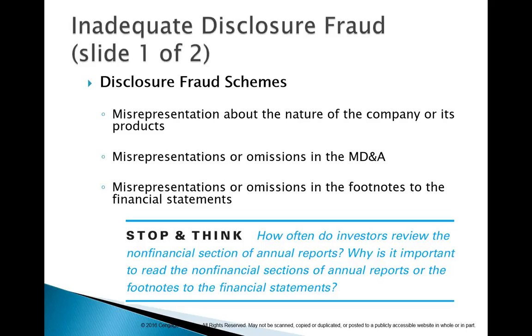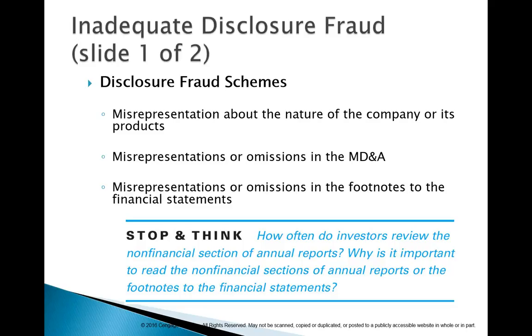You can make misrepresentations or omissions in the MD&A, the management discussion and analysis. That's where, during the first half of the financial statements, management is just talking about the company, talks about its risks, gives you information about the company, some summarized financial data, quarterly data, and 10 years of summarized annual financial data.